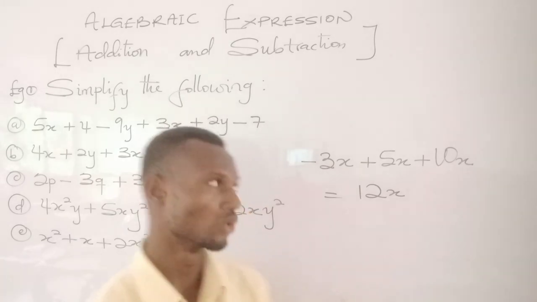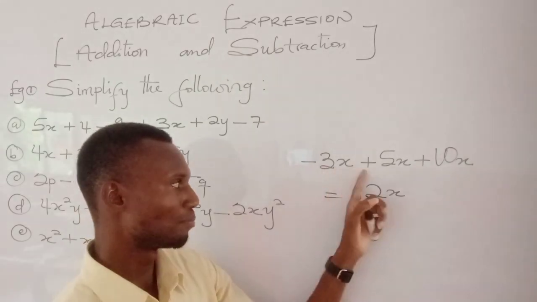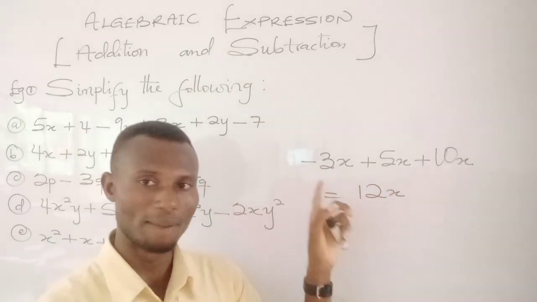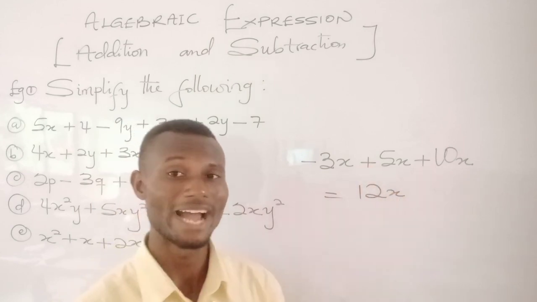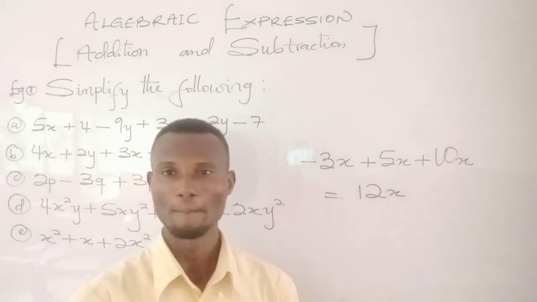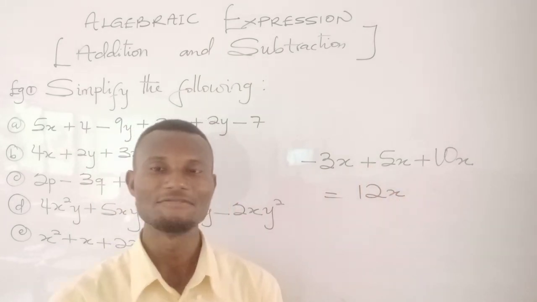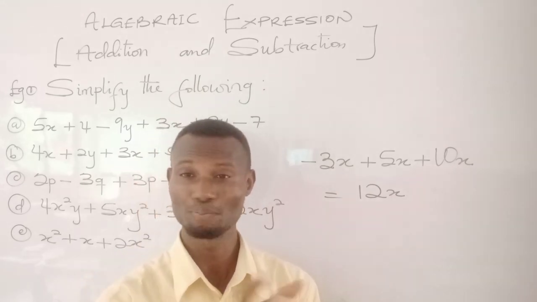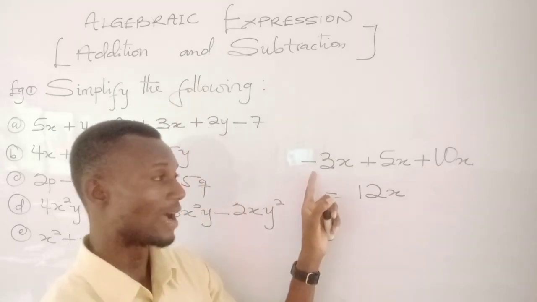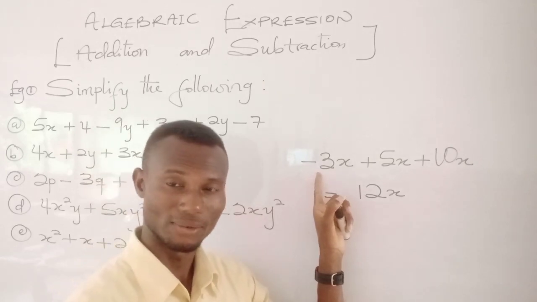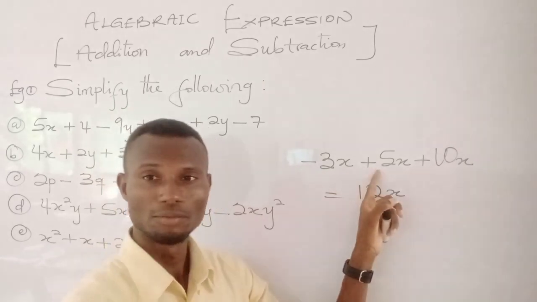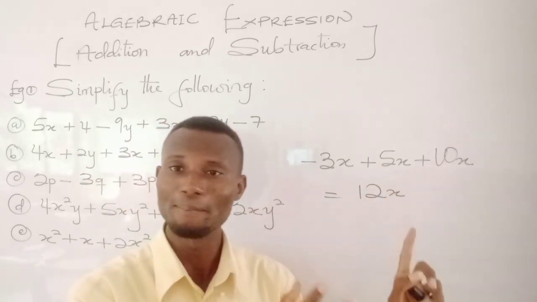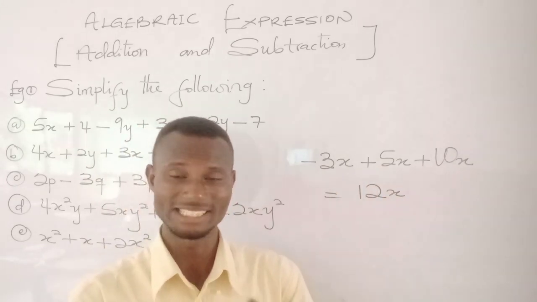So in this case, minus 3 plus 5, the negative 3 is the money I'm owing, so I'm owing 3. The positive 5 is the money I'm having. If I'm owing someone 3 cedis, and I have money of my own, which is 5 cedis, when I pay back, I will have 2 cedis left, which is mine.